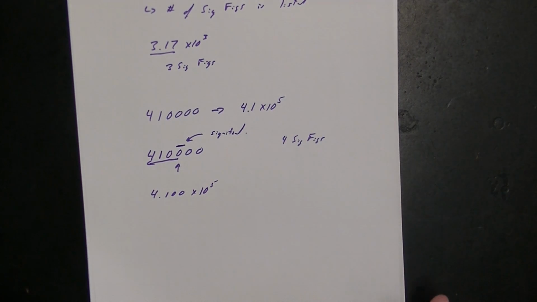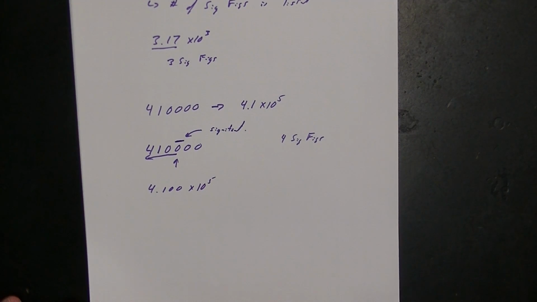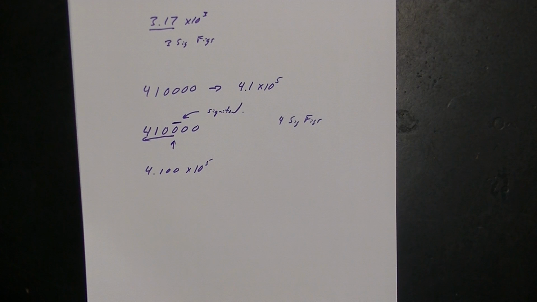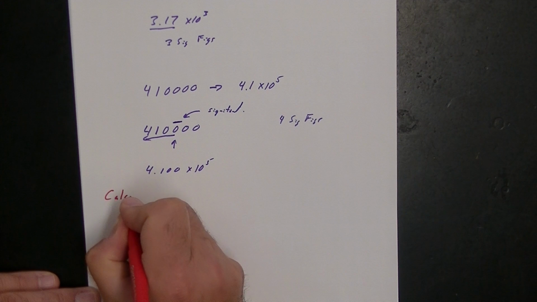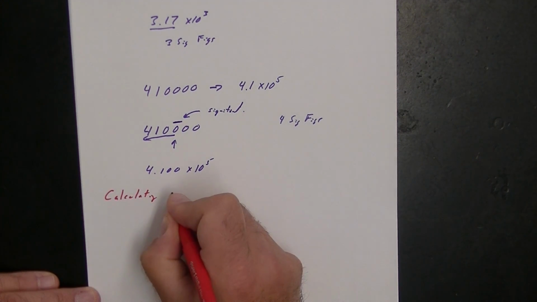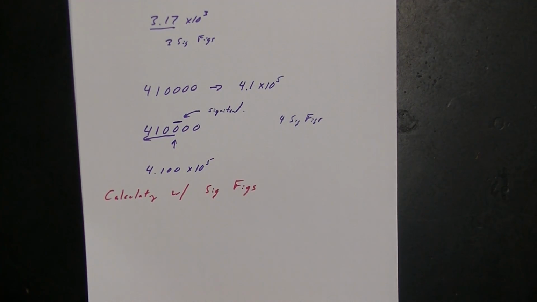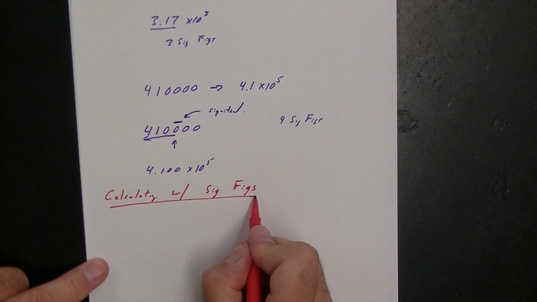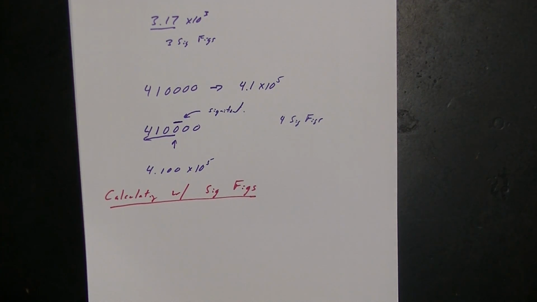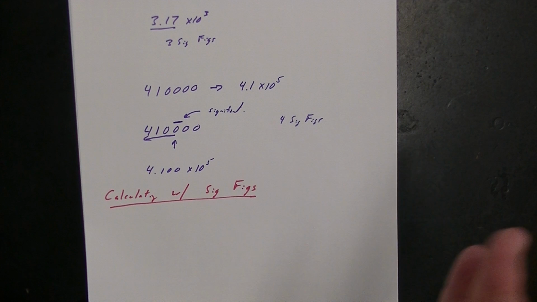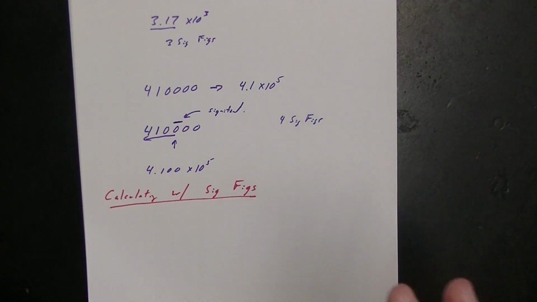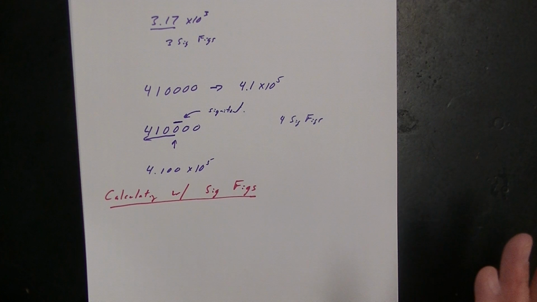Well, why do we need to know all this? In reality, we're going to calculate with sig figs. The first thing you're always going to do when you're doing a calculation is do all the math first, all the way through. If you have multiple steps, you don't round in the middle.